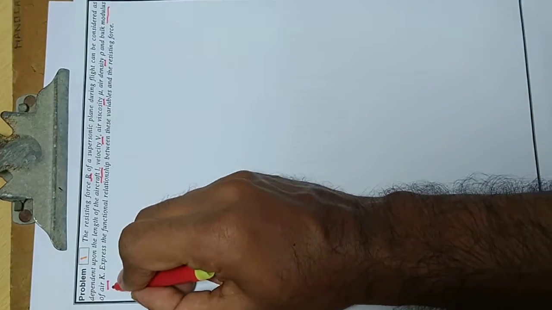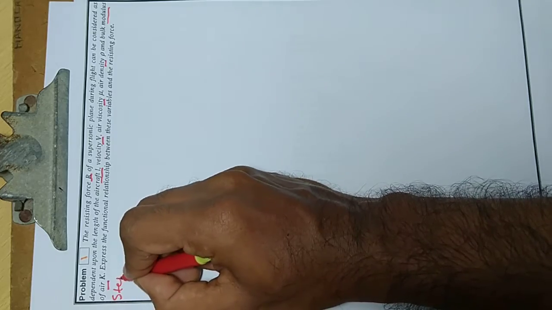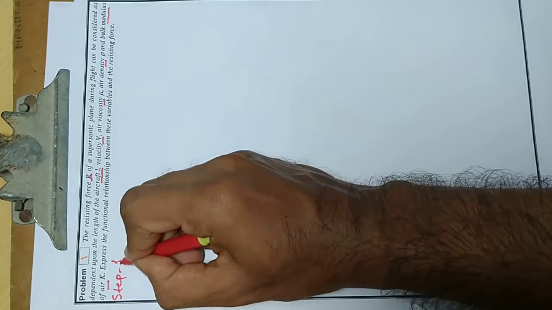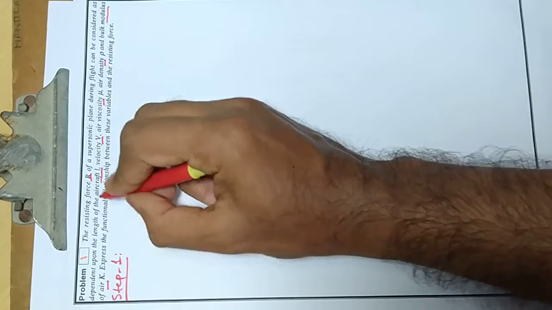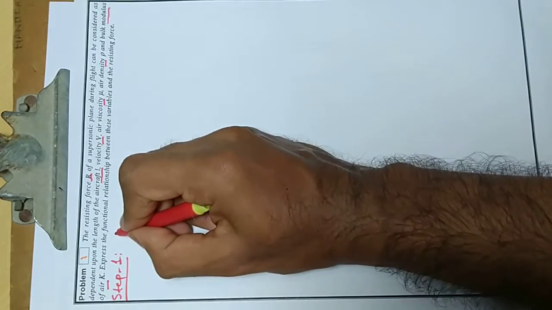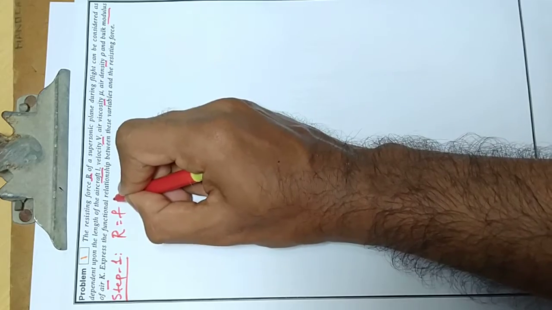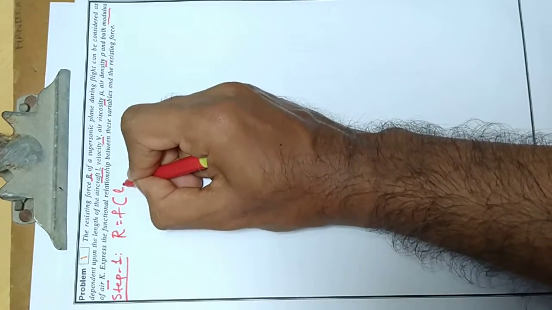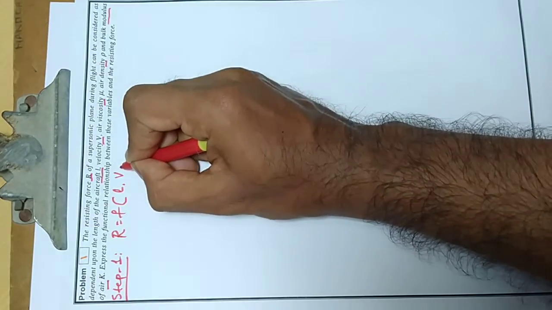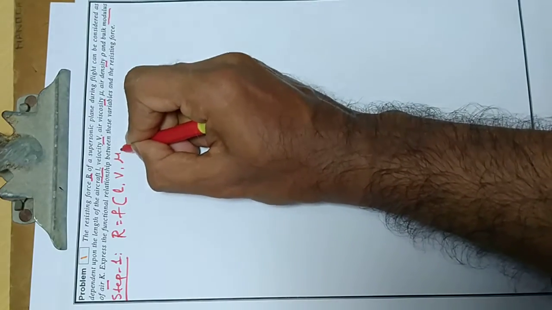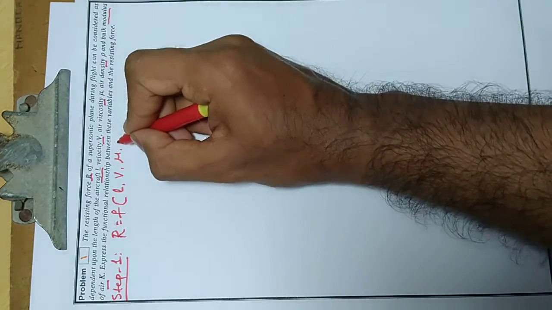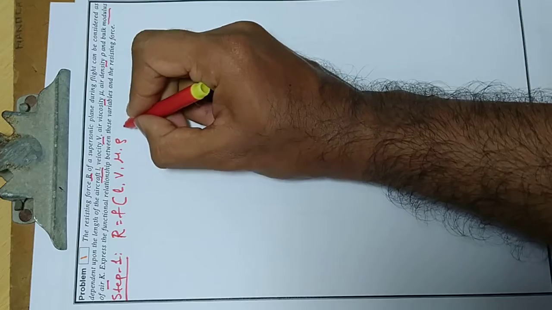First, step one. In step one, write this. The resistance force R is a function of length, velocity, mu, rho, and k.